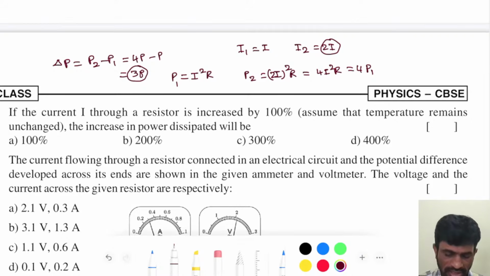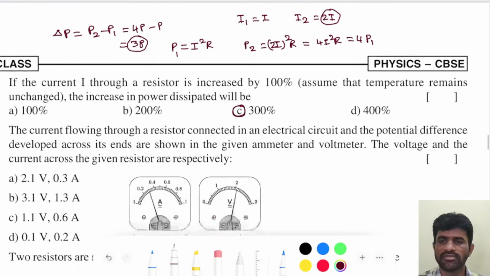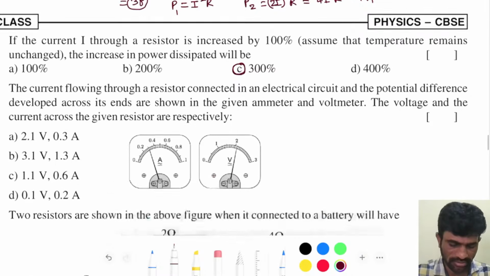When it is increased 3 times, the increase percentage will be 300%. Hope you understood this. The increased percentage is 300%.